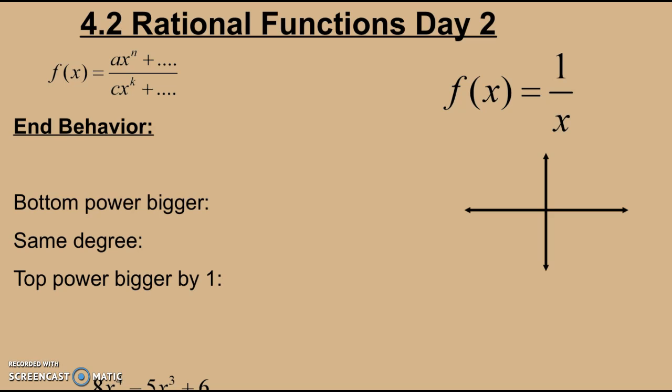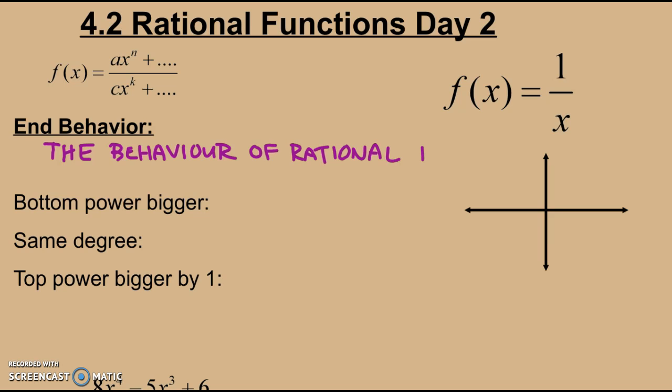What does end behavior mean? And this is kind of specific to rational functions. So end behavior, well, what we know about that is, what does the graph do as it goes to positive infinity, right? So that's kind of what we think of as just in general end behavior. So for rational functions, we're talking about the behavior of rational functions.